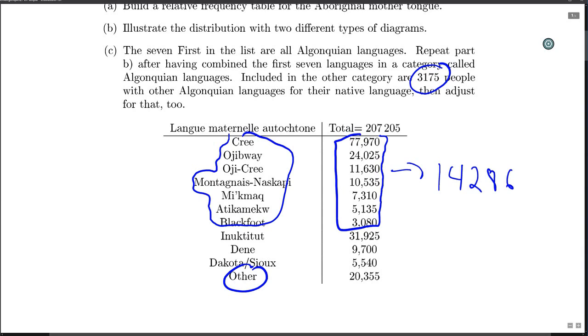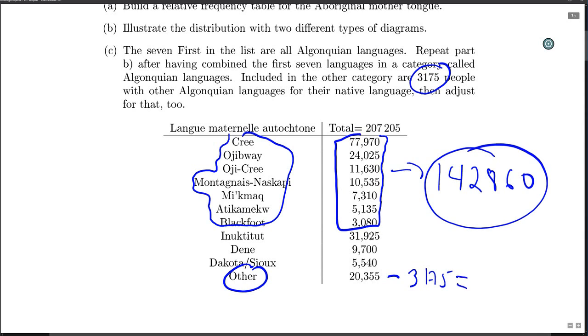142,860. And then what we need to do is take away from 20,355 the 3,175. Okay, these were actually also added inside of the 142,860.